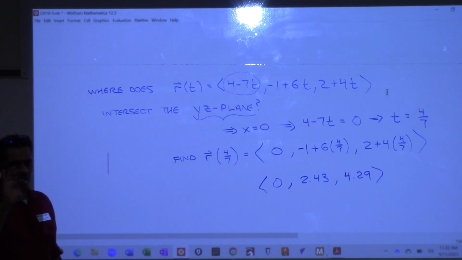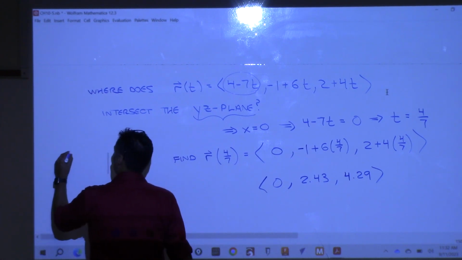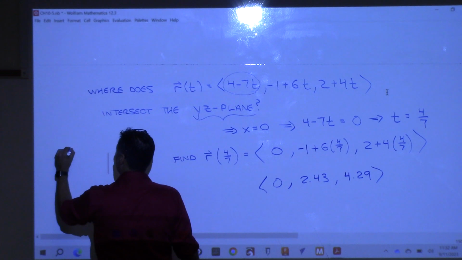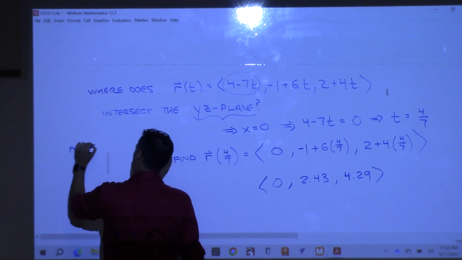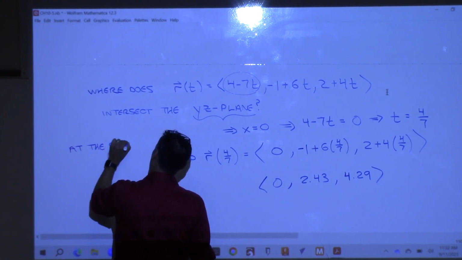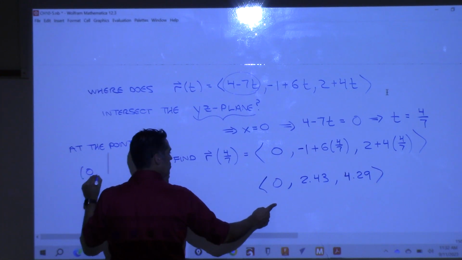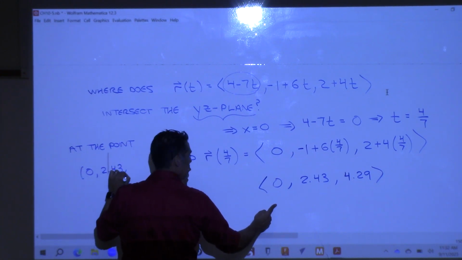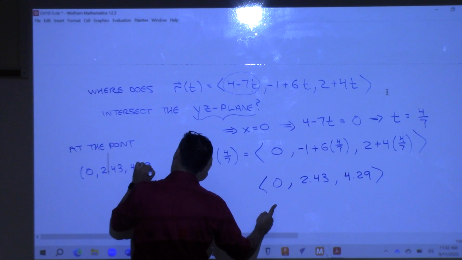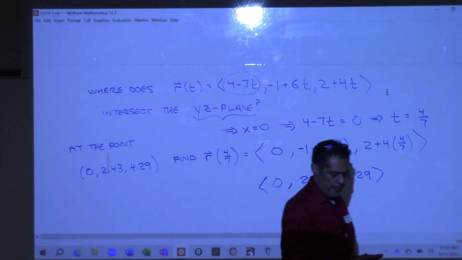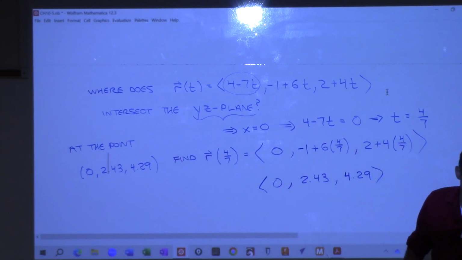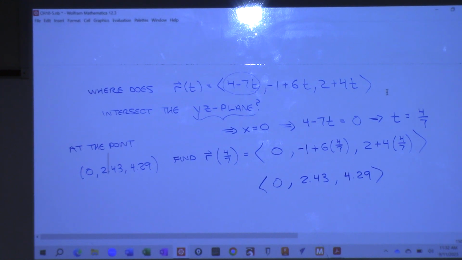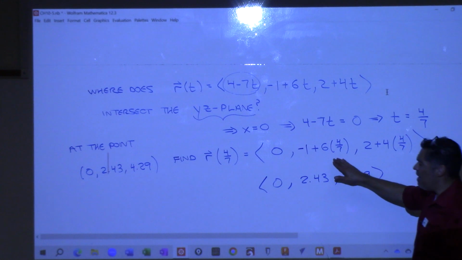So I would want my answer written this way. Where does it intersect? At the point (0, 2.43, 4.29). Is that what you're asking me? Yes. We're supposed to use round brackets, because it is a point, not a vector. Yes? Maybe with fractions? Oh yeah, you could leave it as a fraction.